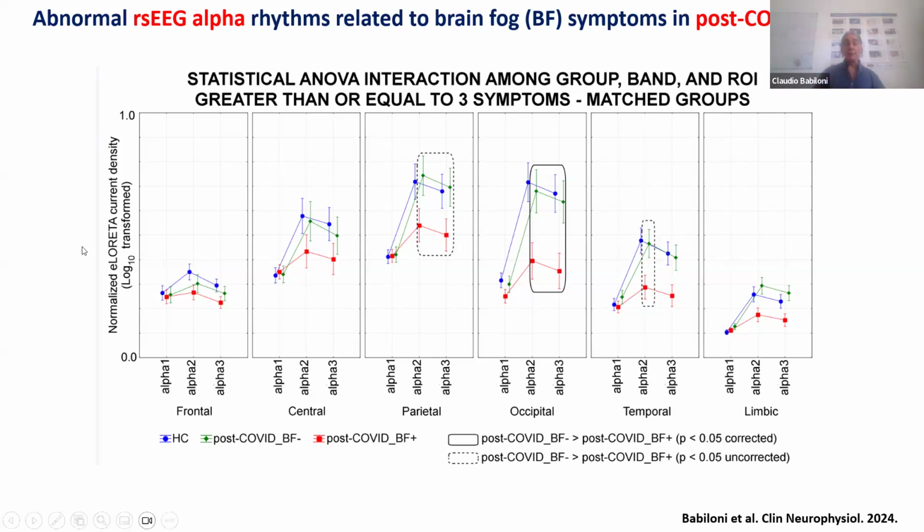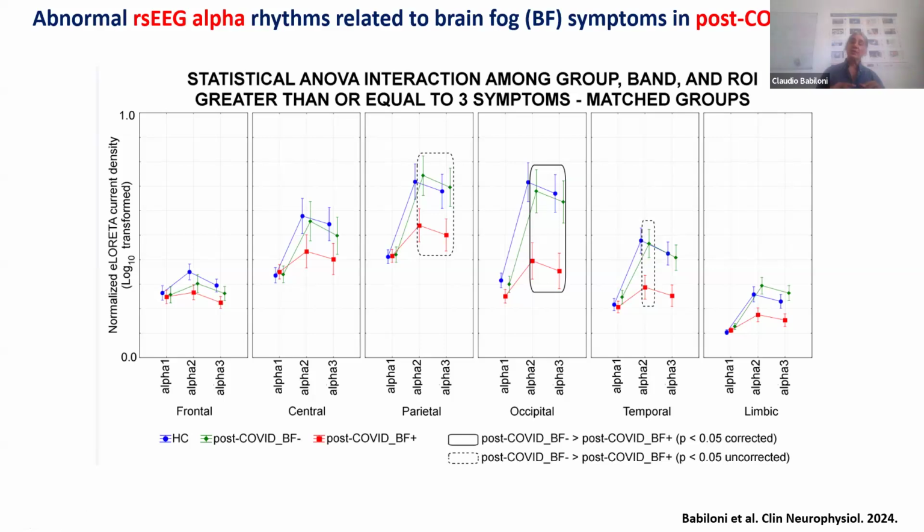The subgroup with 3 or more mental fog symptoms based on a scale on mental fog, mental fatigue, difficulties in concentrating, and so on. And so these post-COVID patients with 3 or more symptoms are in red.